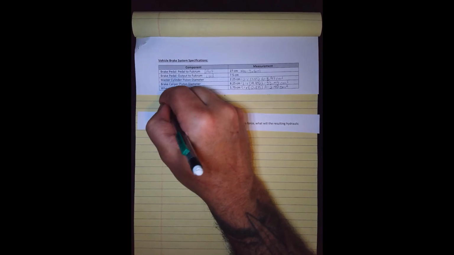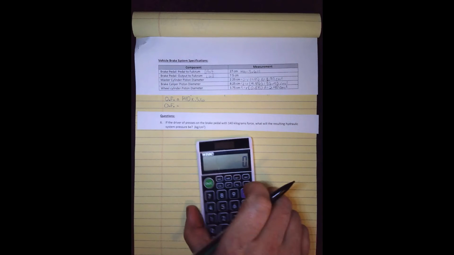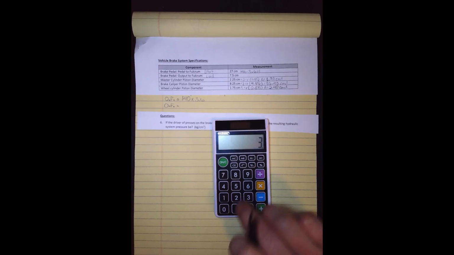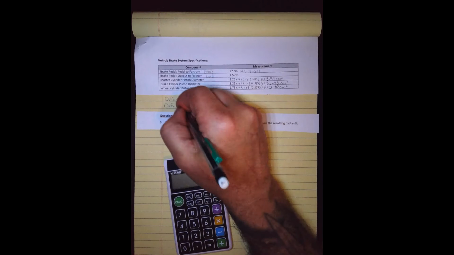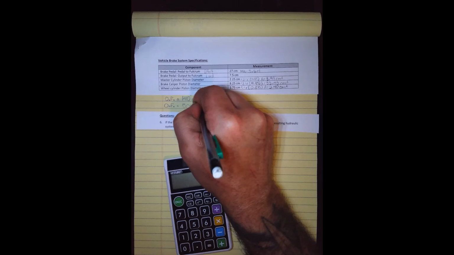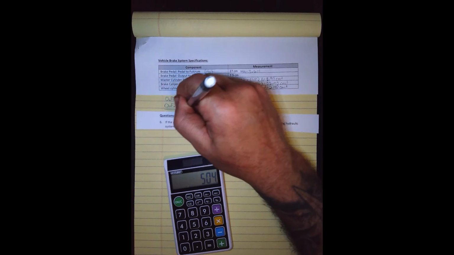So our output force, output of the pedal assembly, input to the master cylinder, is 140 kilograms multiplied by 3.6 to get 504 kilograms. Right, it's force we're talking about. Okay, there's step one.